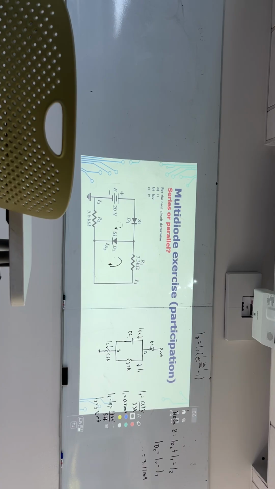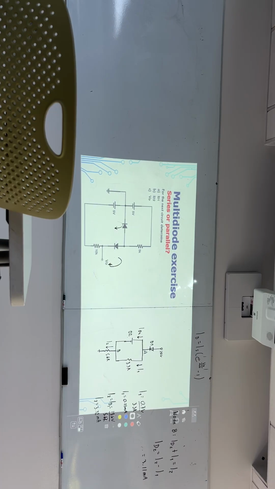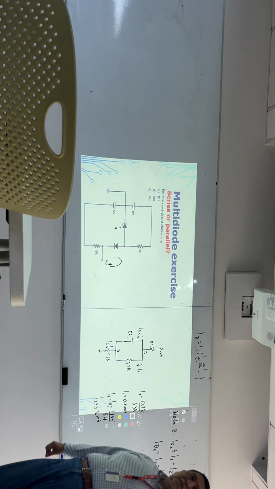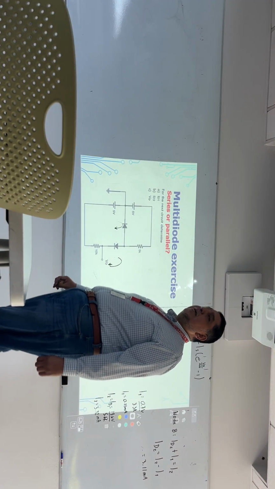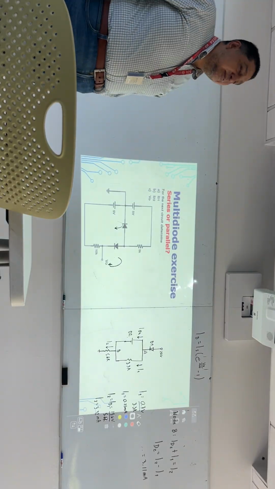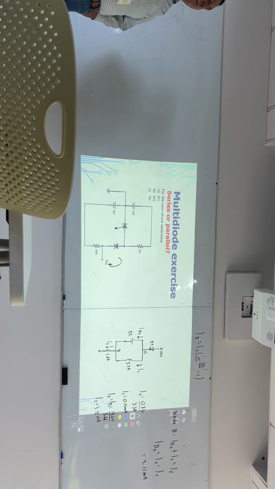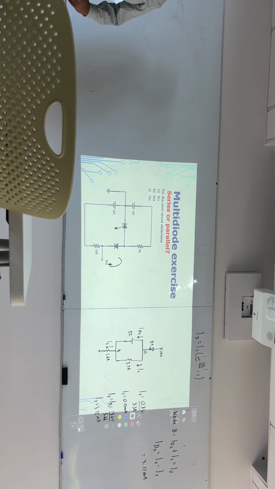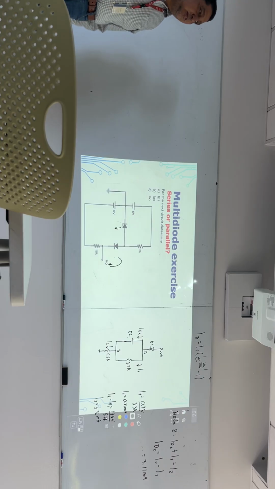Okay, guys. This one, try to solve it individually. This is exactly what you can expect in the midterm exam. It is not so difficult, but it is not easy, so it's in the middle.